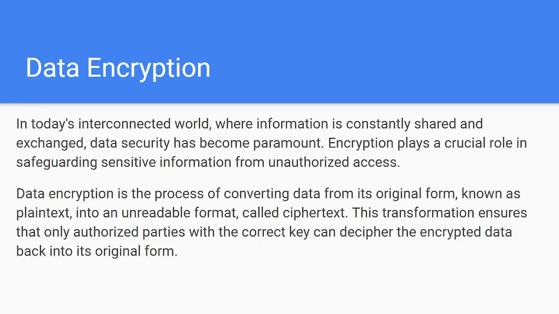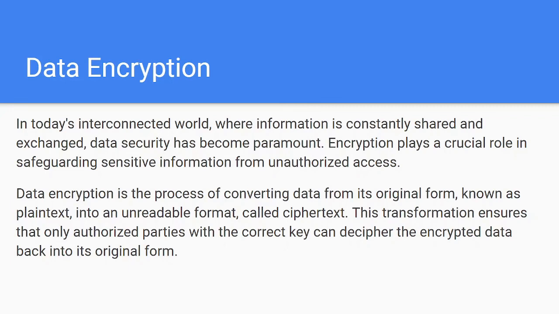So today we're going to be talking about data encryption. In today's world where everything is connected together, where everybody is sharing information, data encryption plays a very important role when it comes to safeguarding sensitive data from unauthorized access. So when you want to safeguard information from someone that is not meant to have access to that information, encryption is very useful.